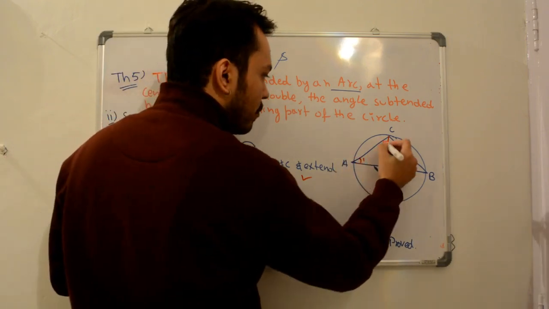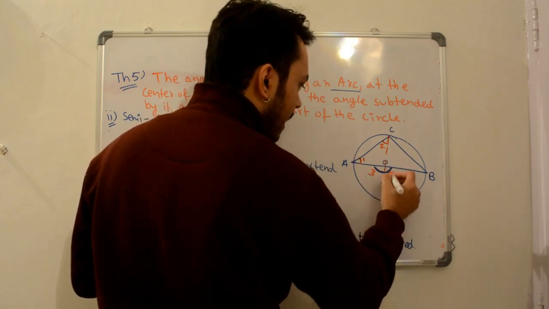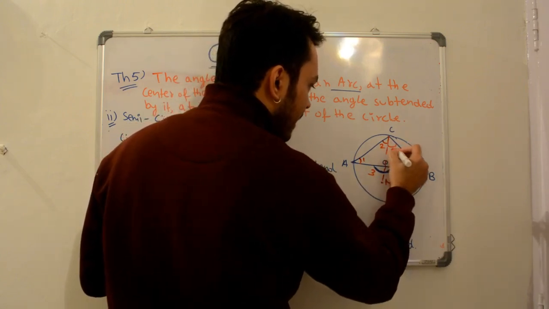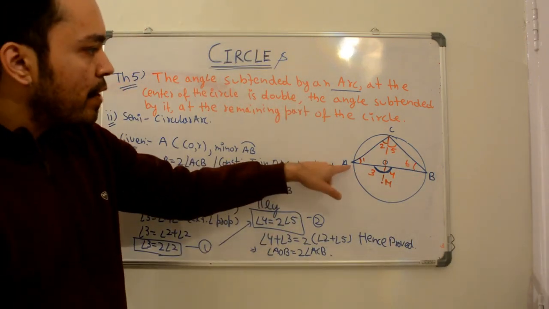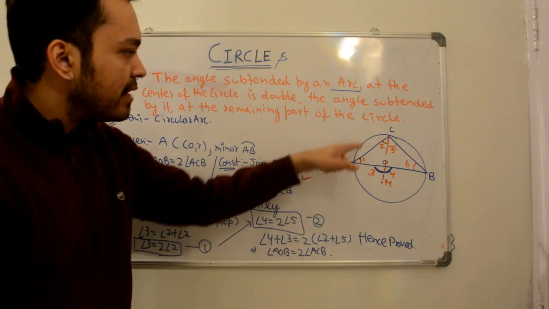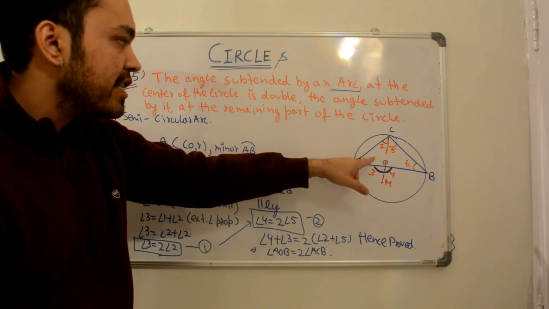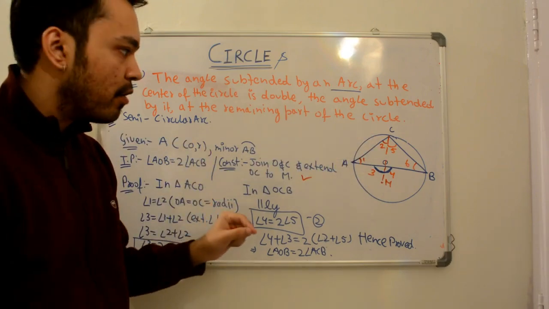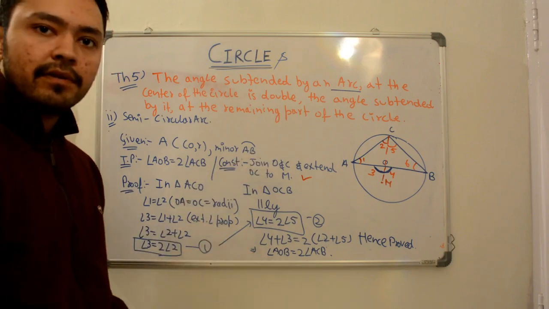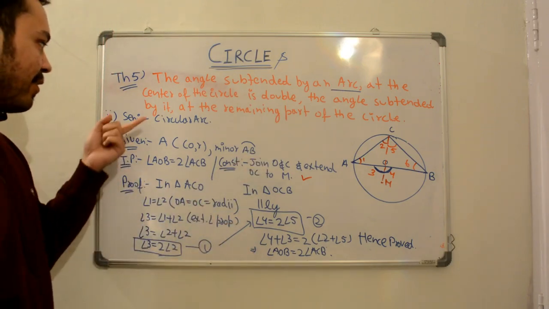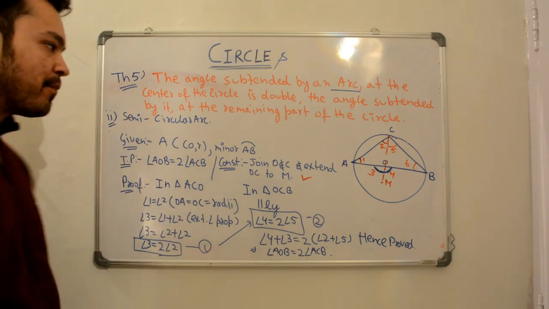Again, I'll number the angles 1, 2, 3, 4, 5, and 6, right? Again, you will see OA, OC are the radii, so angle 1 is equal to angle 2, right? Angle 3 is equal to the sum of angle 1 plus angle 2, exterior angle property. Similarly, in triangle OCB, and again we will add up, right? We'll get the same result. Now this is our semicircular arc. I hope it is clear to all of you.